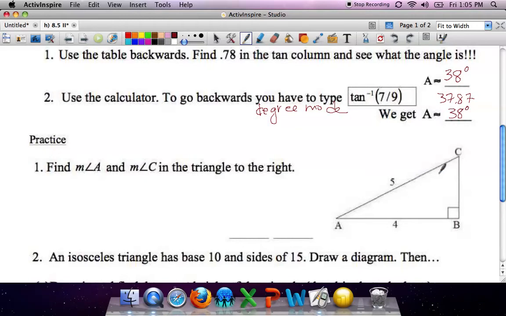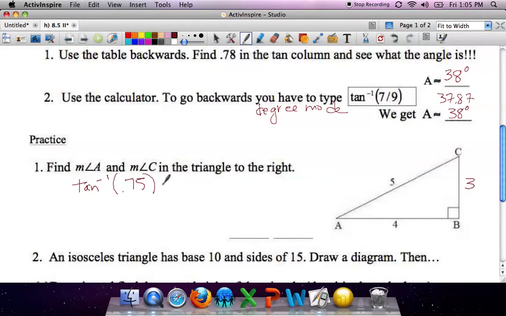Here we're given the hypotenuse and one of the legs of a right triangle, and we want to find the measure of angle A and measure of angle C. Using just tangent, however, we would have to find what the opposite to A is, and with the Pythagorean theorem, if you do that out, you find that this side is 3. So we would have to do tan -1 of 3/4, which is 0.75.